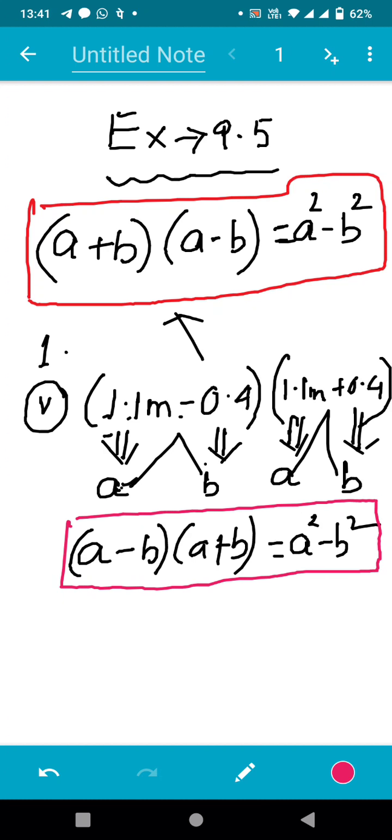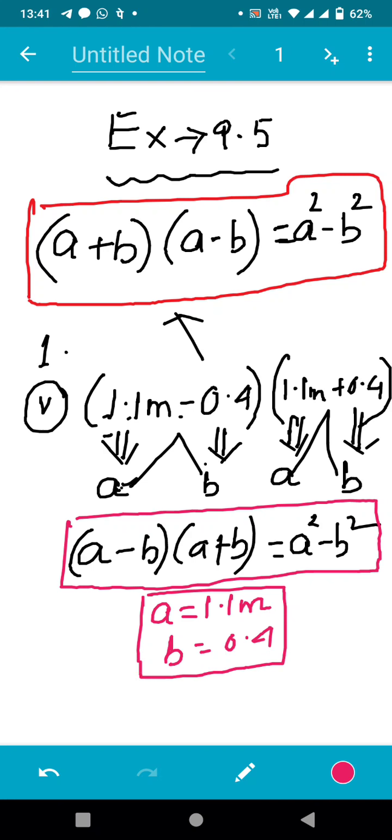So what is there in place of a? In place of a we have 1.1 m, and in place of b we have 0.4, isn't it? This is according to the question. Now the question is given in the form of a minus b, a plus b, so we have to turn the entire question into the form of a square minus b square. Now let's go to the next page.